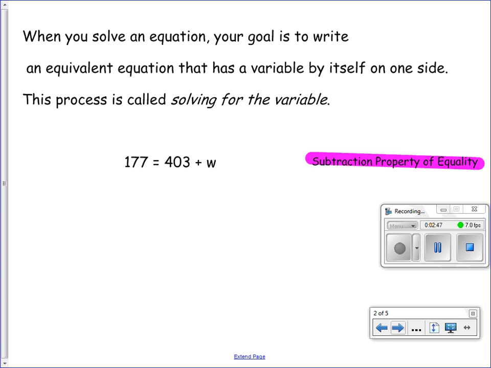We're going to use the subtraction property of equality in these examples. If my goal in this one is to isolate the w, what do you think I'm going to do to each side? Subtract, good. Subtract what number?